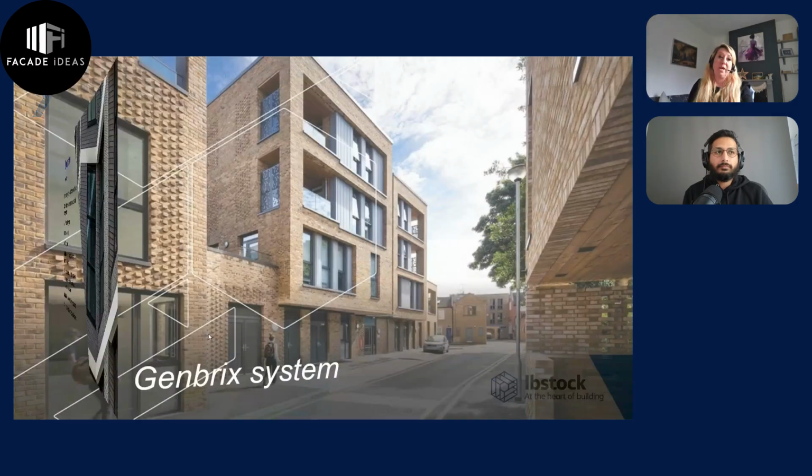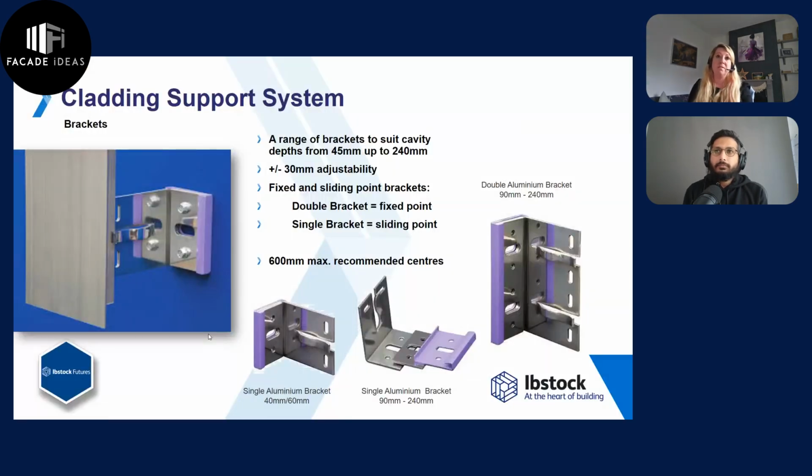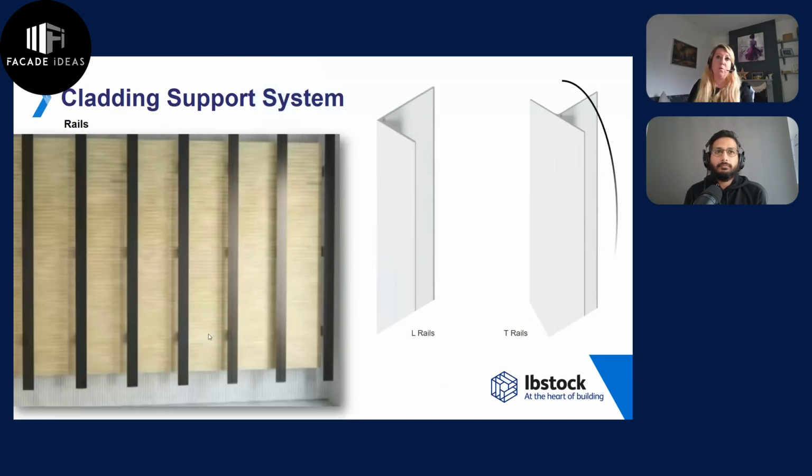So a similar system that we have is the GemBrick system, and this is just to showcase that there are different systems available. Similar in use of its double and single brackets in exactly the same format, only for this particular system, the cavity size goes up to 240 millimeters. We use the T-rail for this particular system, as you can see there in the photograph.